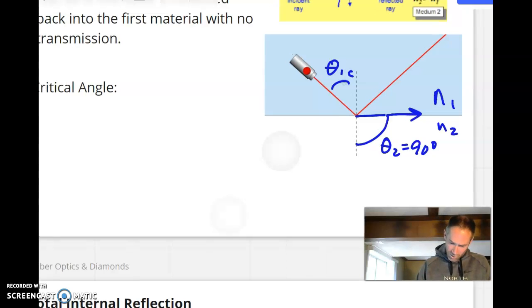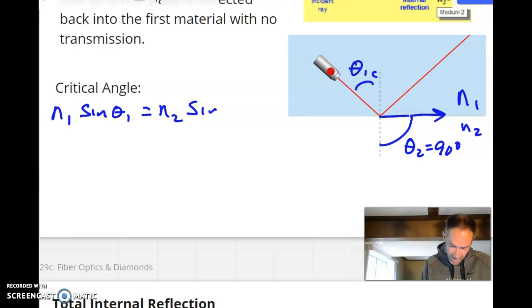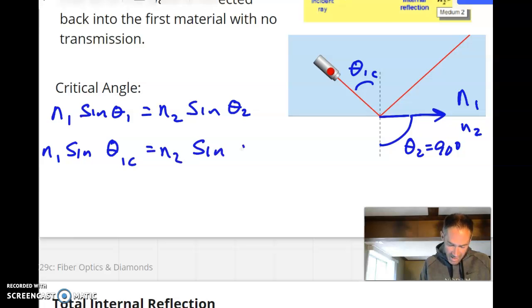So looking at Snell's law, we can say that N1 sine of theta 1 equals N2 sine of theta 2. Now, whenever you're at the critical angle, we're going to call that theta 1 critical. N1 sine of theta 1 critical is equal to N2 times the sine of 90 degrees. And we know that sine of 90 degrees is going to be 1.